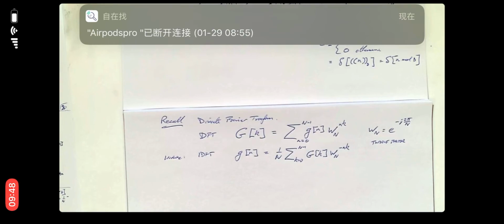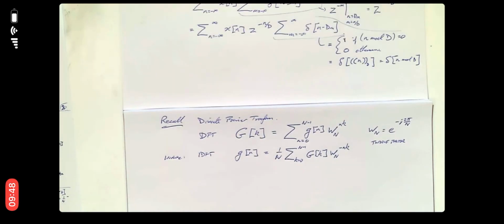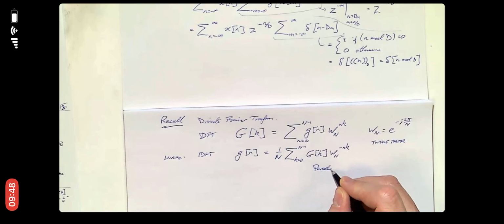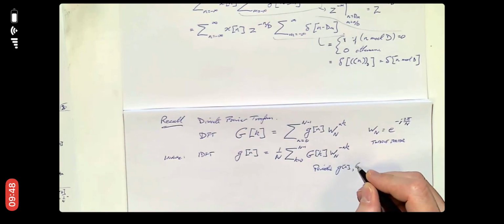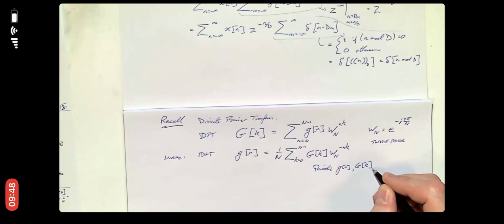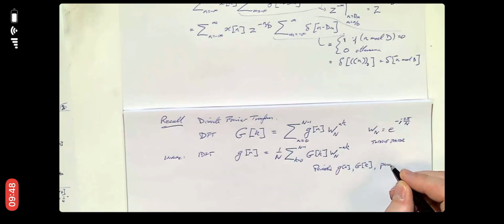That's our inverse discrete Fourier transform. And these work for periodic g of n and big G of k of period big N.